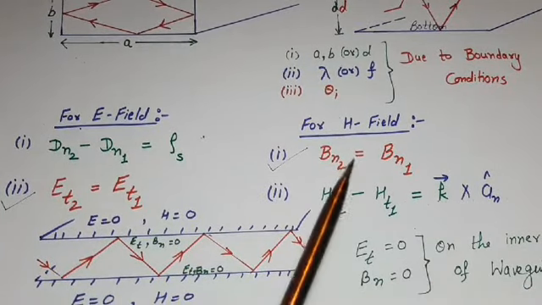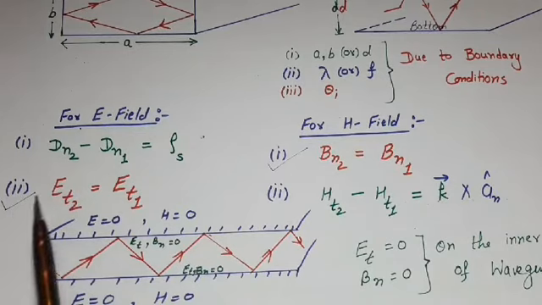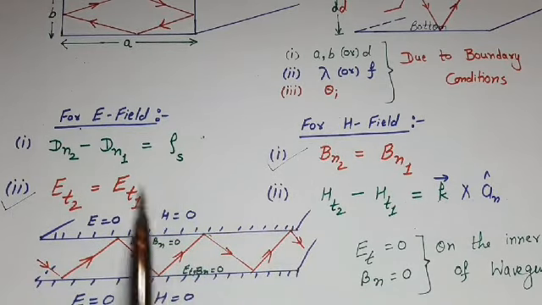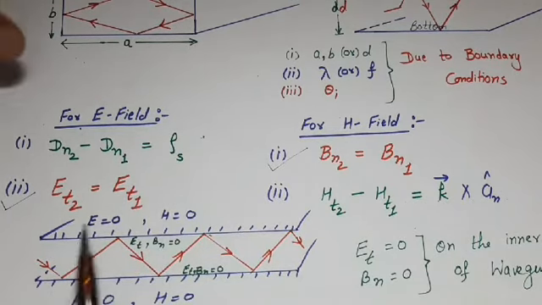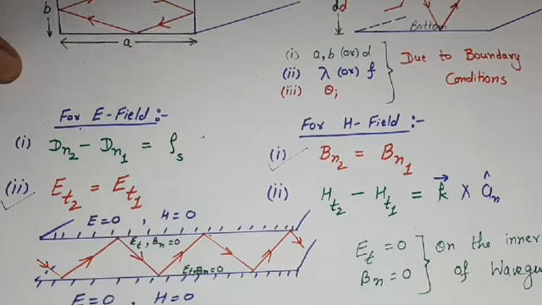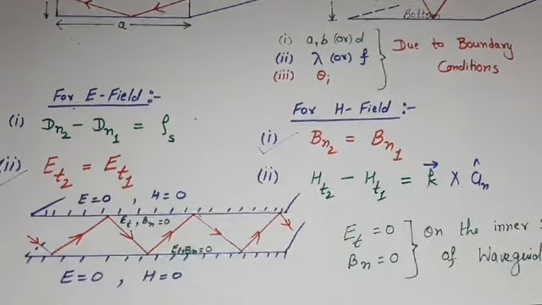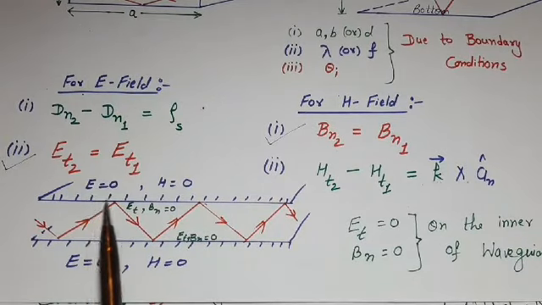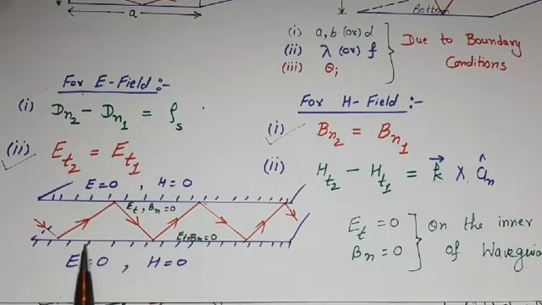Out of these 4 boundary conditions, this boundary condition and this boundary condition are responsible for enforcing the restriction on wave propagation. Because as we know, inside the solid conductor, both electric field and magnetic field are 0. Therefore, this condition says the tangential component of electric field just before the boundary and just after the boundary must be the same.